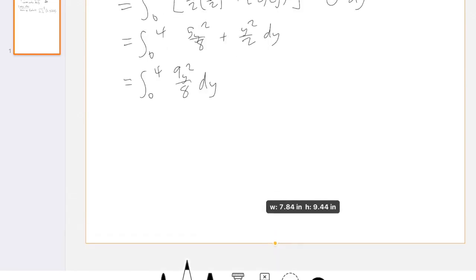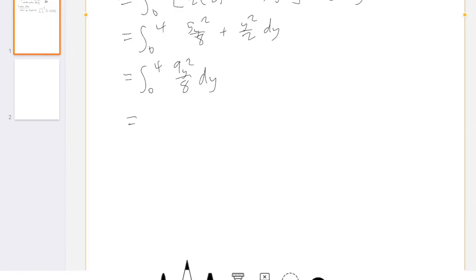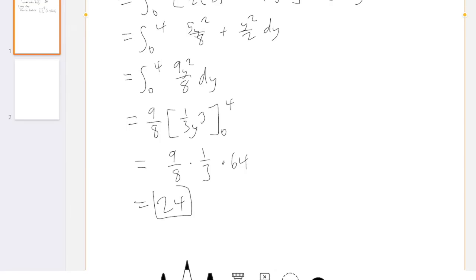Then we integrate this. So I'm going to pull out the 9/8, and we're going to have 1/3 y cubed from 0 to 4, which just becomes 9/8 times 1/3 times 64, which becomes 24.